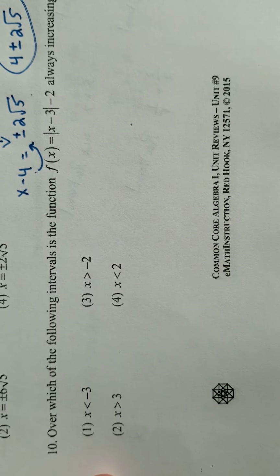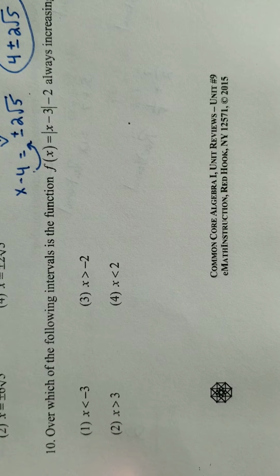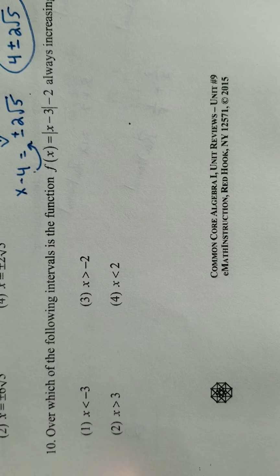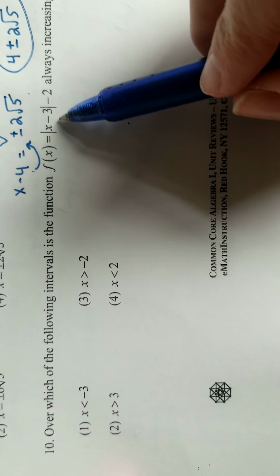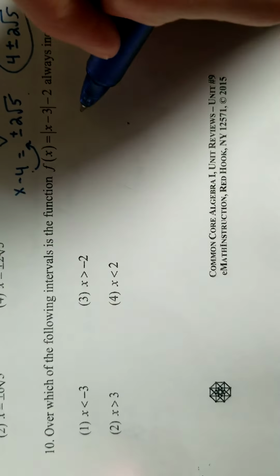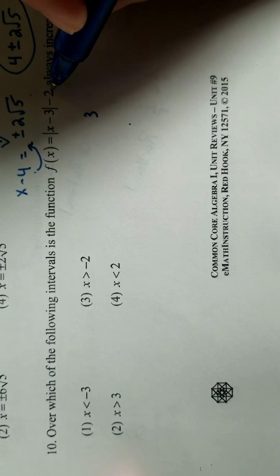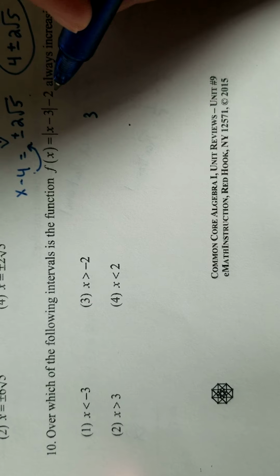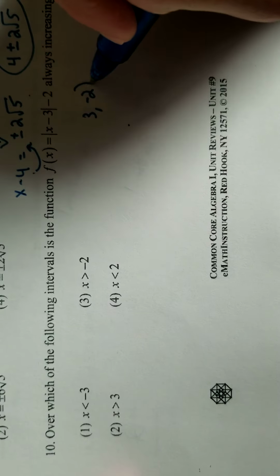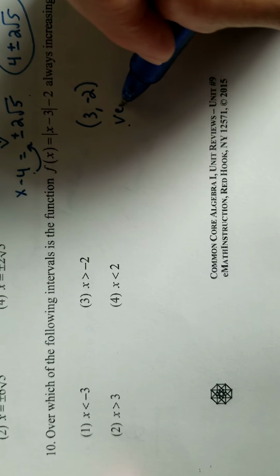Remember that if it's inside the absolute value it is going to be opposite, left to right. So this would be a positive 3. This is going to be up or down. So this will be negative 2. So that would be my vertex or my turning point.